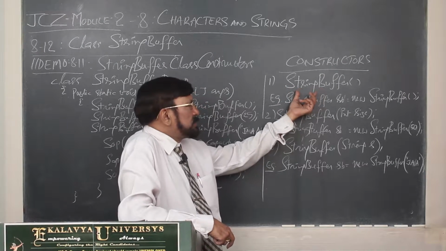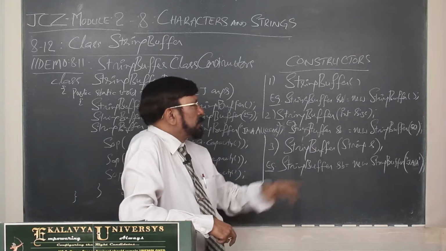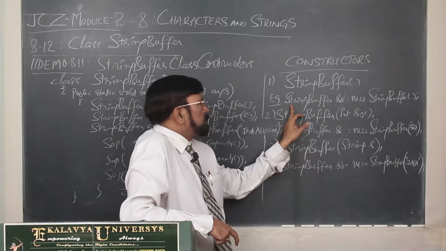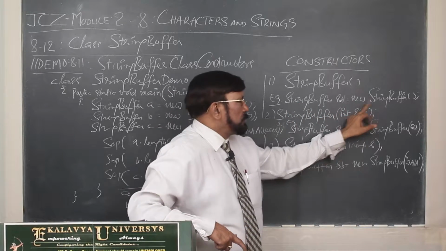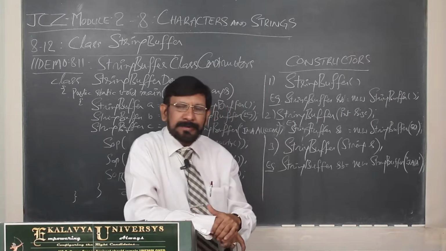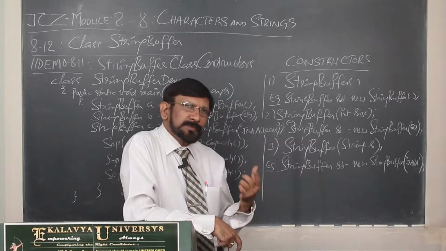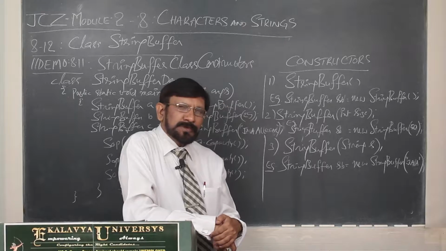Now, the first one is this: StringBuffer with no arguments given. For example, StringBuffer sb = new StringBuffer(), like this we write. How much space is created, that is the question.